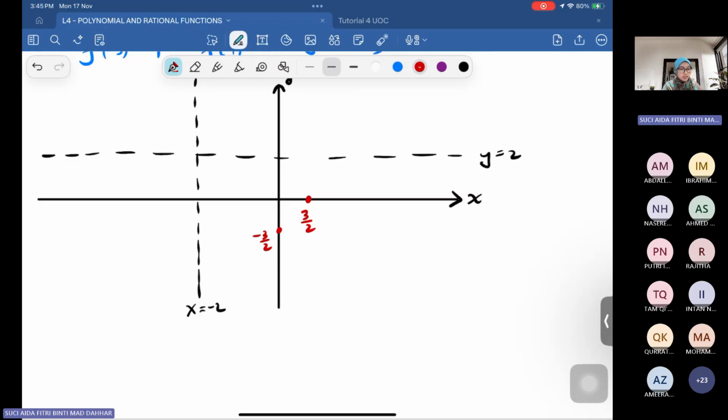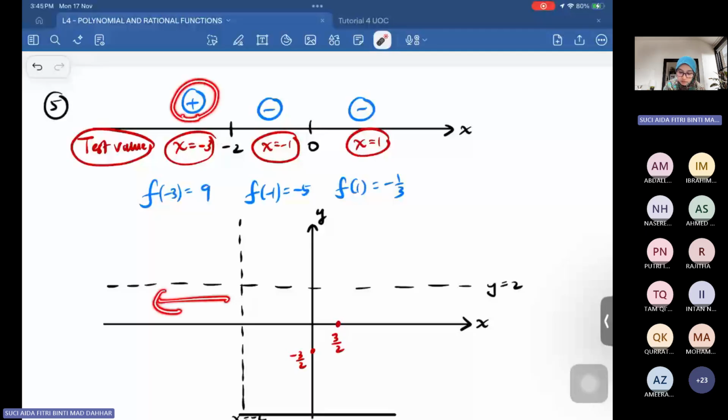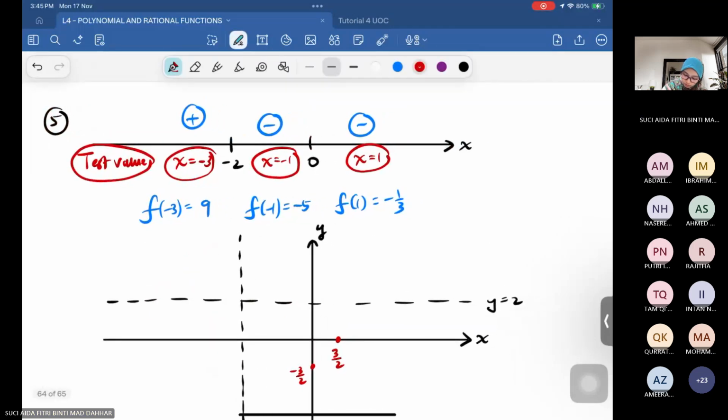Okay, so now we can sketch them. So the first region before negative 2 here. Since it's a positive value, the y are taking positive values. That means you are allowed to sketch here, not here. That means the graph will look like this, going upwards.